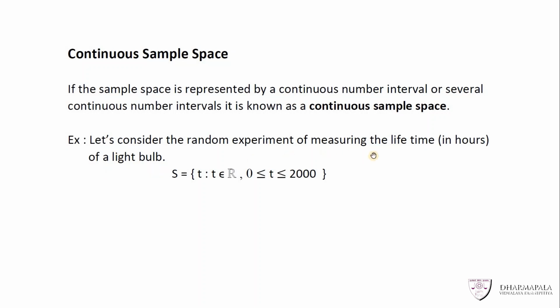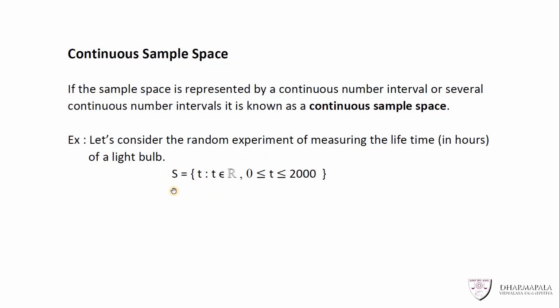We are going to measure the lifetime of a light bulb in hours. It is clear that as lifetime we can get decimal values also in hours. So we won't get any discrete values here. So we have to use a continuous number interval to represent this in the sample space.